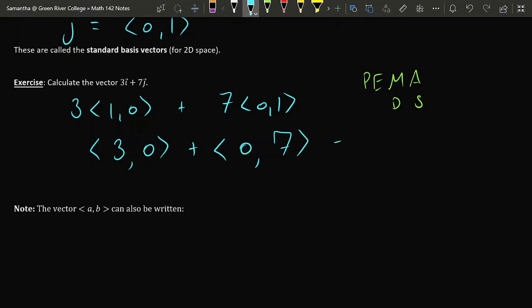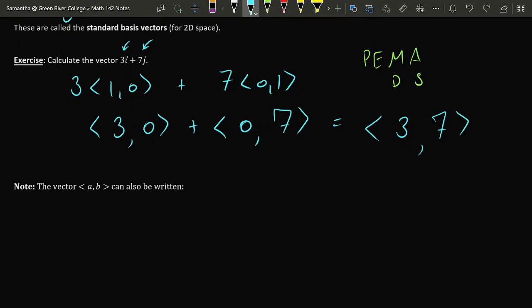So when I add these two vectors together, I get an interesting result. I get a vector whose x component is an exact match to the scalar on i, and whose y component is an exact match to the scalar on j.